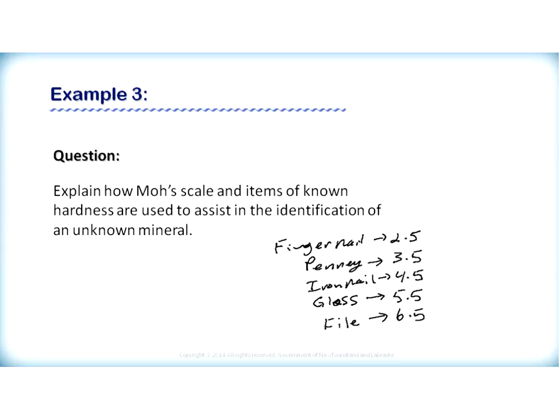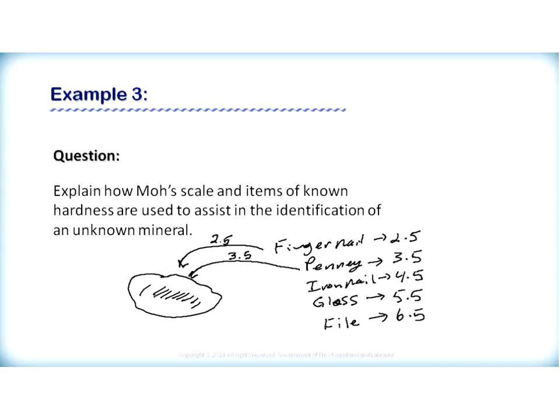So what we could do here is, if we had a sample of unknown hardness, we could use our fingernail, scrape across the sample. If it left a mark, then the sample will be less than 2.5. We could use a copper penny, scrape across the mineral sample. If it left a scrape, then we know it would be less than 3.5.